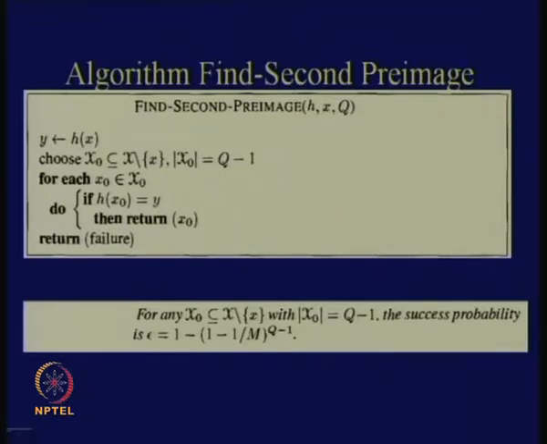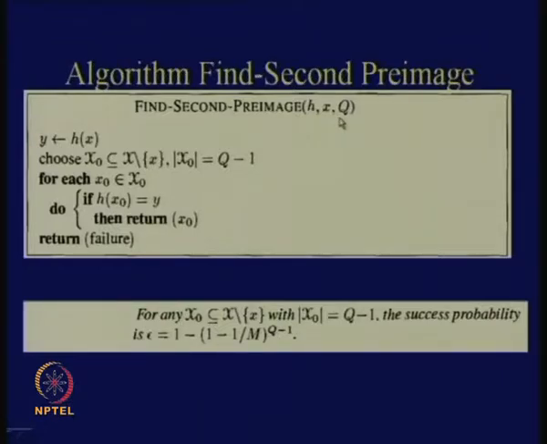And what is the probability? Similarly, you can do this calculation and it will come to 1 minus (1 by m) whole power q minus 1, because you are making q minus 1 queries here. And how many queries have you made to the hash function? You have made q queries, and therefore, this is actually q.